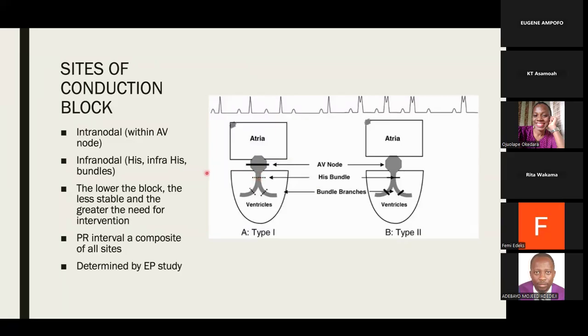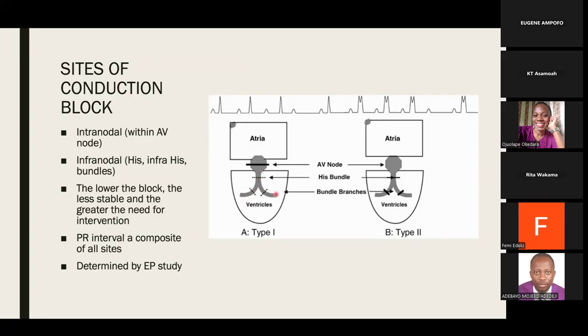Now, when you have a problem within the compact AV node and actually up to the His, you would tend to have a narrow complex. Because if you have a problem in the compact AV node, when the impulses get through, it still goes down the His and then down both bundles.